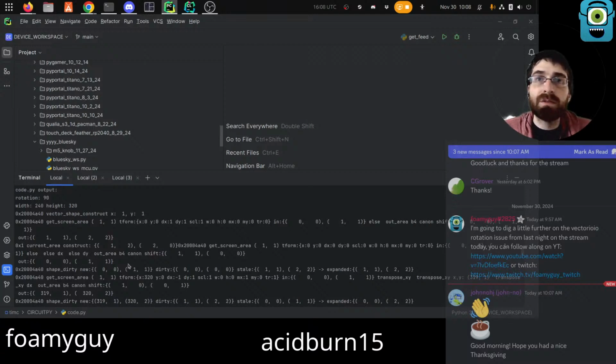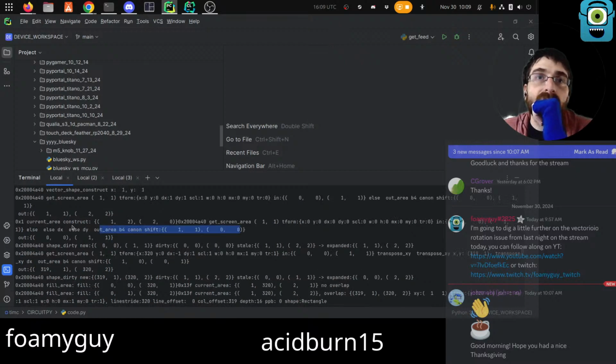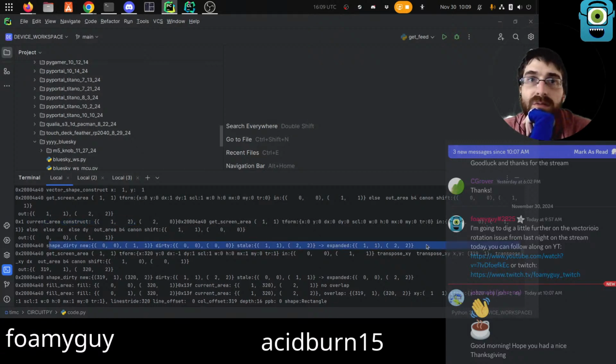Okay, so here's one of our cannon shifts, before cannon shift. Okay, and this is in the constructor, which is really before we get to the part that does ultimately have the off by 1 error. So we end up with a shape dirty, another get screen area.